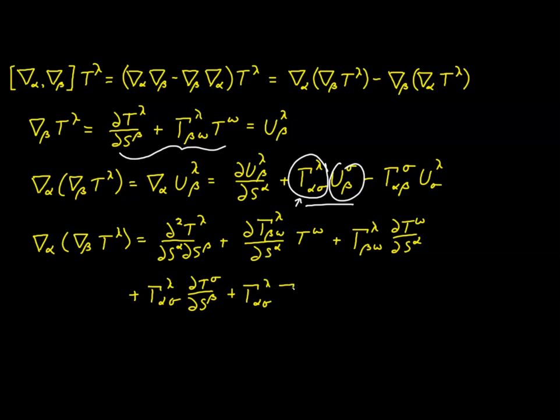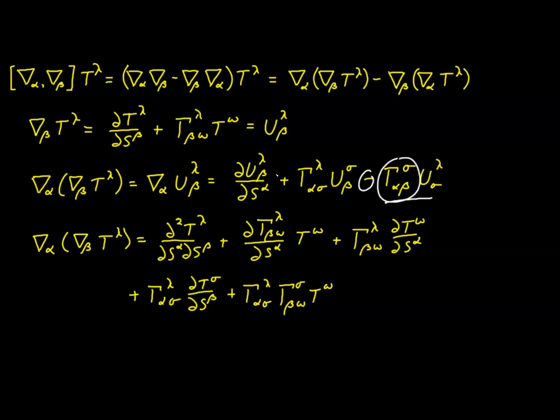So this is gamma sigma beta omega T omega. And finally, for this term here, we go through the same drill, only this time we have a negative sign, so we distribute the negative factor here to each of these terms, this time being careful to replace the index beta with sigma.